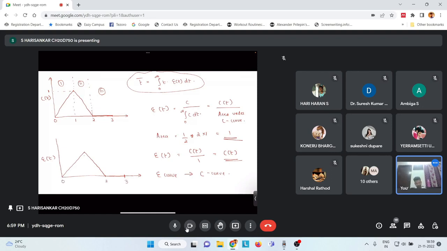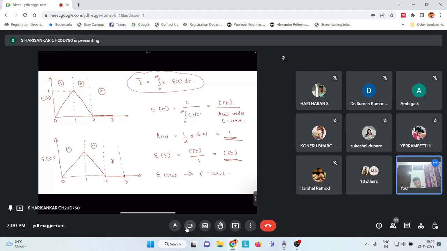This will be our E curve. And here also, as we intended before, we will split this E curve into 3. This is part 1, this is part 2, and this will be part 3.